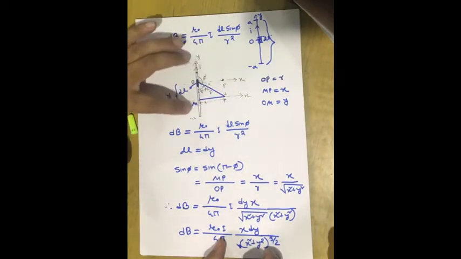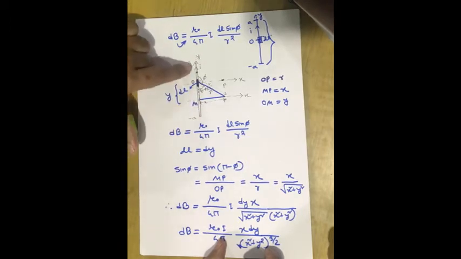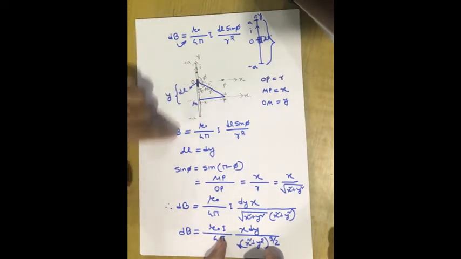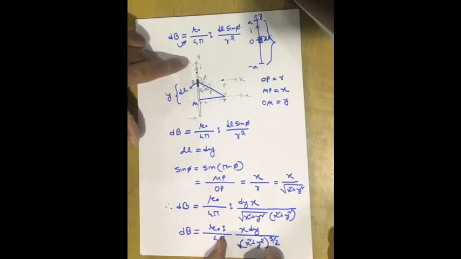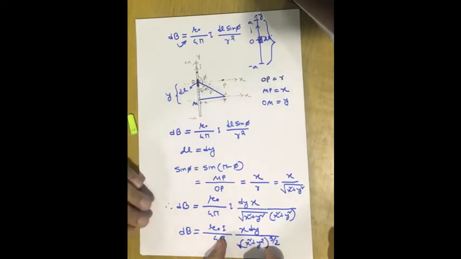Now in order to find the magnetic field due to the whole conductor from length minus a to plus a, we have to integrate from minus a to plus a, in the y direction, because the conducting wire is in the y direction.